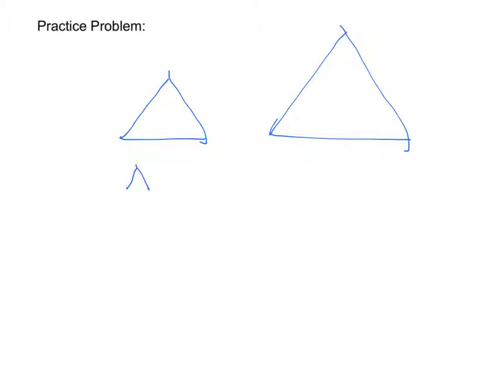So if we're given two figures, for example, two triangles, and we're told that the area of this triangle is going to be 5 centimeters squared, and the side of this is 2, and this side is going to be 5, and then we're asked to find what is the area of this triangle, and we're told that the triangles are similar.